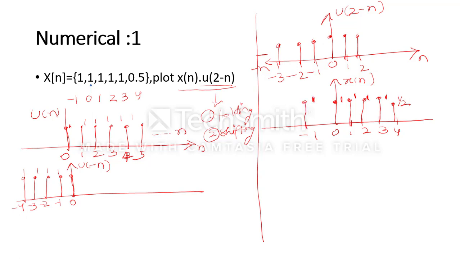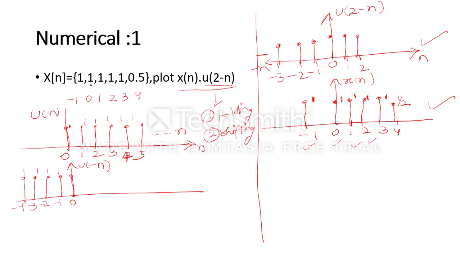So now if I multiply this signal by this signal, by the multiplication property, we will take only those samples which are present in both. So the common samples are minus 1, 0, 1 and 2, because samples 3 and 4 are present in x[n] but they are missing in u[2 minus n].